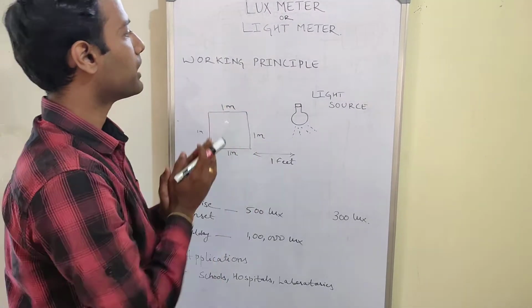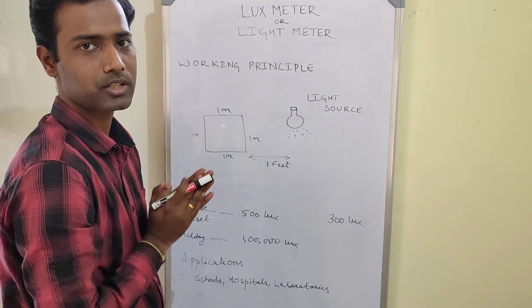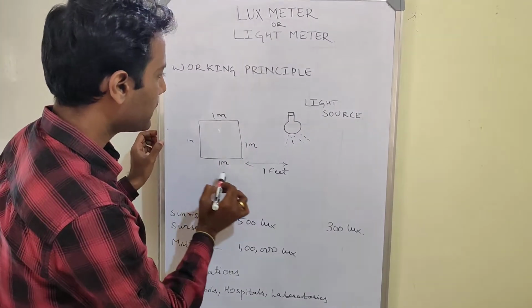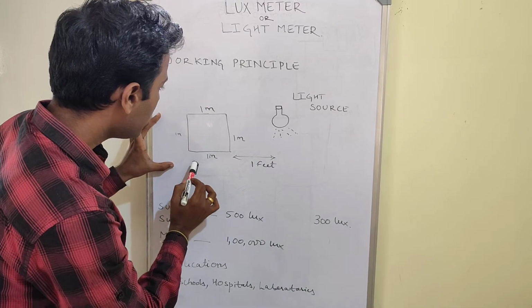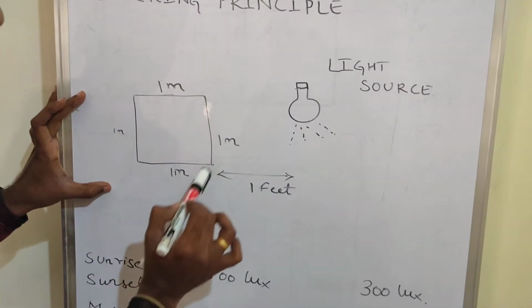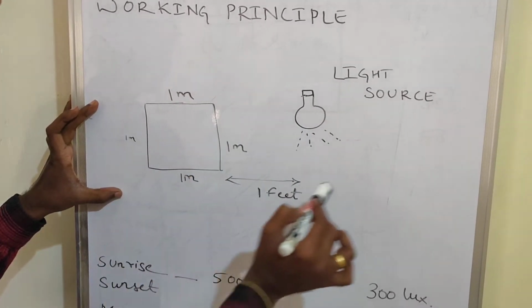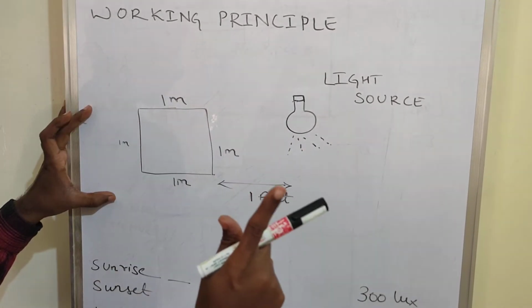Now we need to understand on what principle this Lux Meter, or the digital Lux Meter, works. Here is the digital Lux Meter working principle. We will consider a 1 square meter area, on all sides 1 square meter. We are making this definition in order to understand the definition of 1 lux.